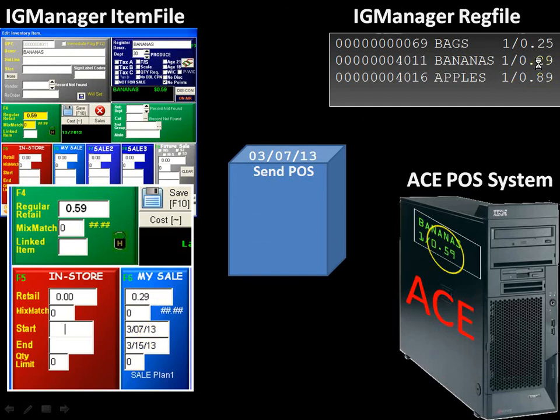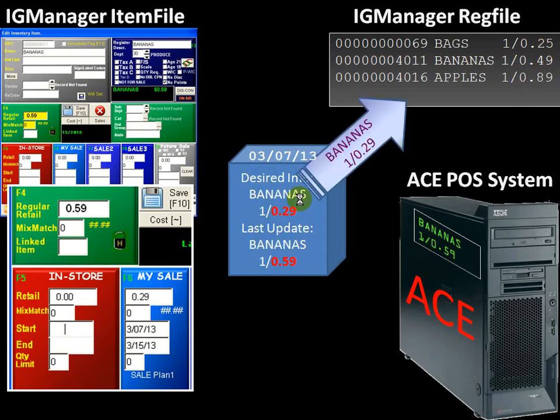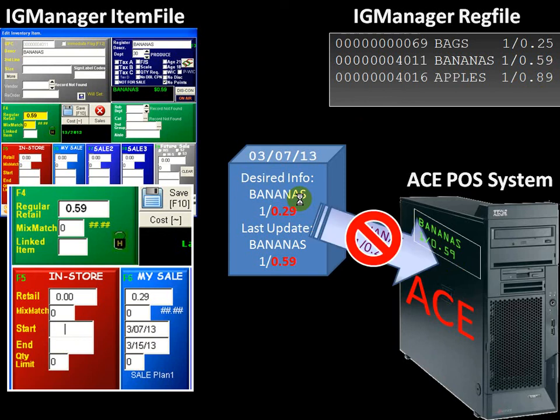Well, from what you just learned, if I erase my sale and put it back on for 29 cents for today, there's still not going to be any change because we still think it's 29 cents in the register. Even if I use a different sale, it's not going to make a difference.